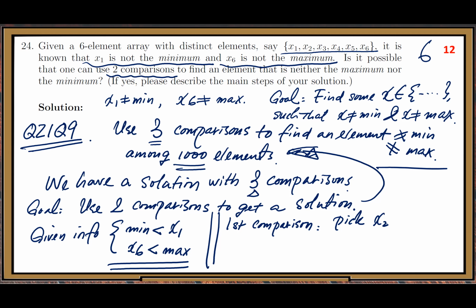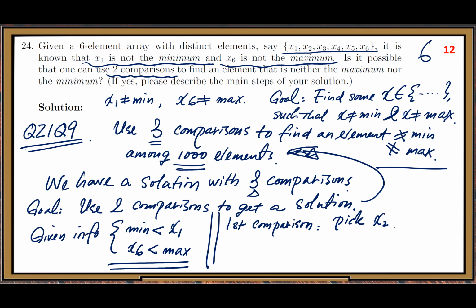Here we just pick x2. After we pick x2, we can compare it with the special element x1 or x6, just one of the two.